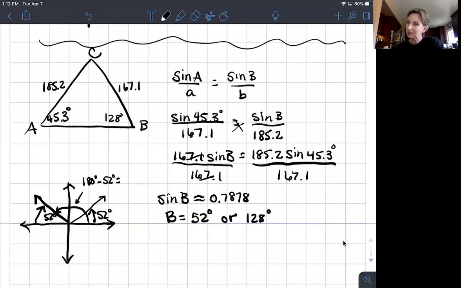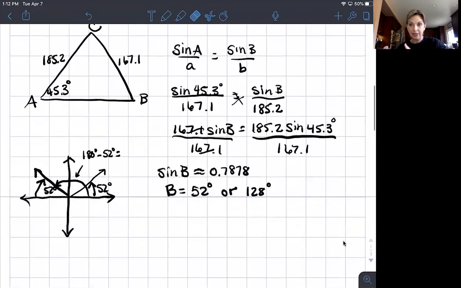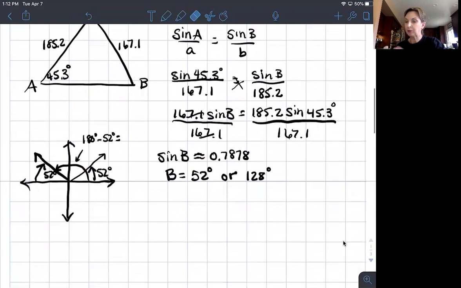And it does leave me a smidgy little room for angle C, not a ton, but it does mathematically give me a little space. So what that means for this situation, I have two possible triangles. There's not just one, but two. And so that means I have to proceed solving two separate triangles.